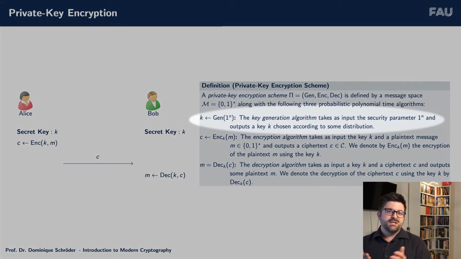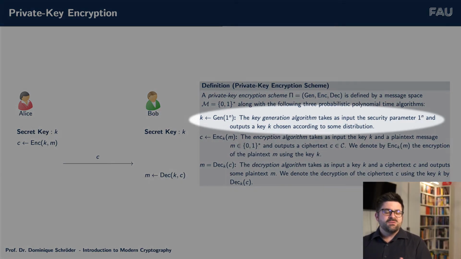As you can see here, we have the key generation algorithm, which in general takes either the security parameter as input, or sometimes we just say it samples from a certain space, and then it computes a cryptographic key K. Again, the question of how this key is shared between Alice and Bob, we don't care about at this moment, we will take a look at it later.